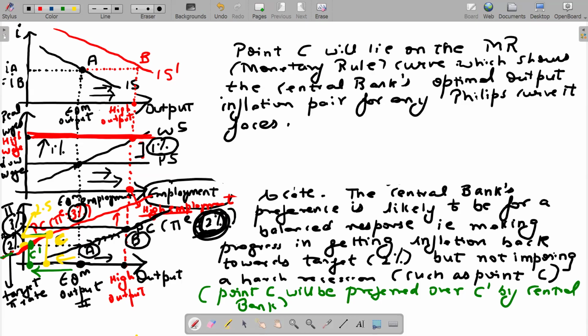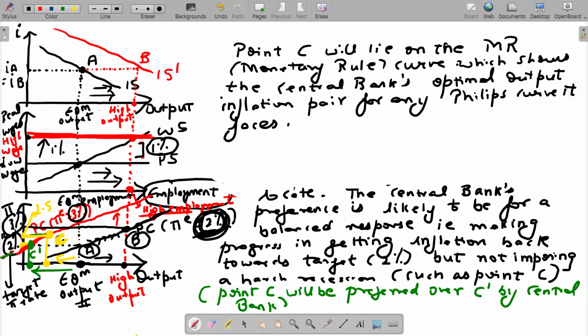So given the red Phillips curve in the last diagram, the central bank will choose point C, the combination of output and inflation, instead of choosing the green point where the output is way below the equilibrium output, triggering a bad recession.